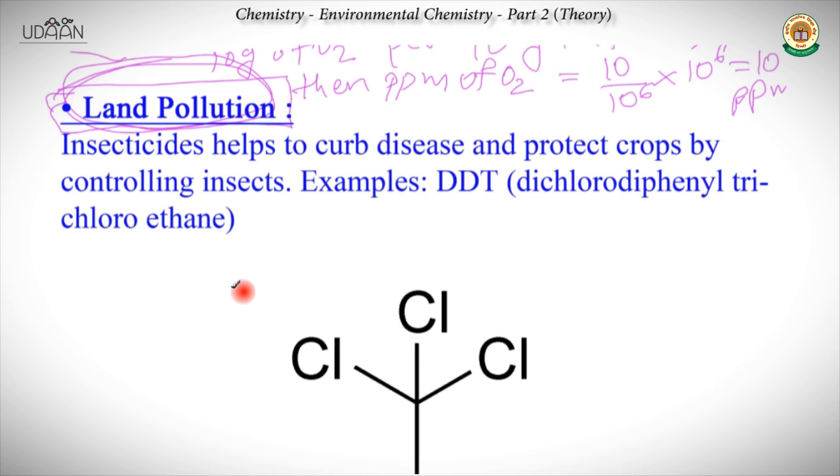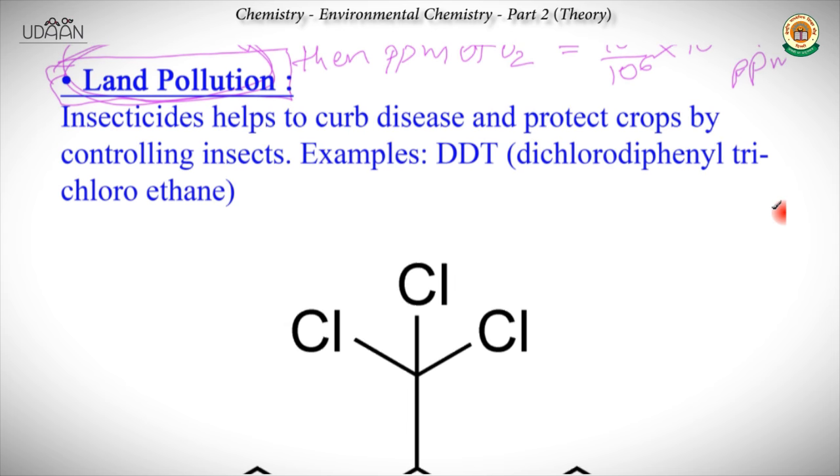Basically, land pollution increases because of that. As insecticides are sprayed on crops, they get accumulated on land and they can be consumed by other organisms, which may be harmful to their body and may cause their death.